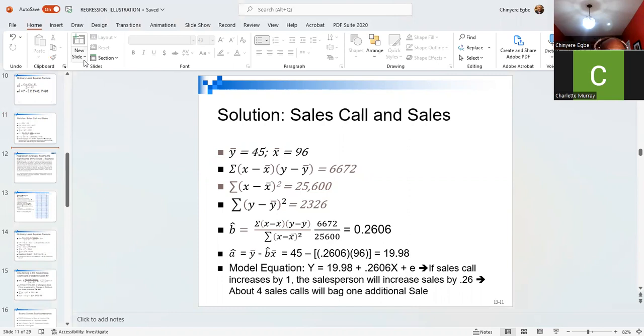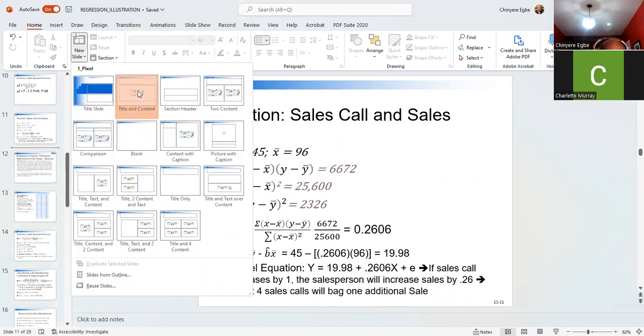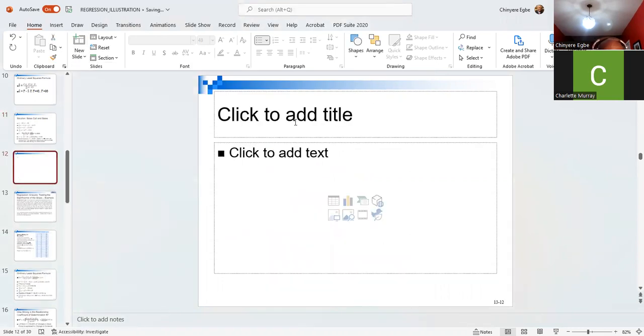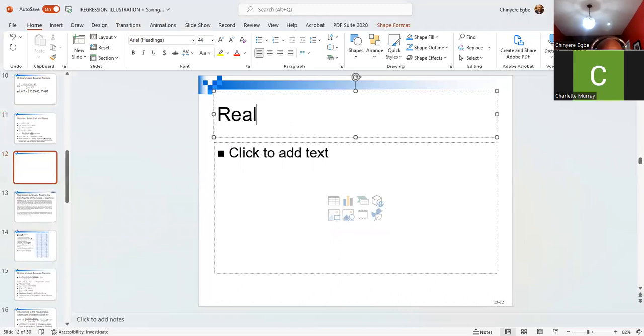Put a new slide. Okay. Real estate price and size, all right?